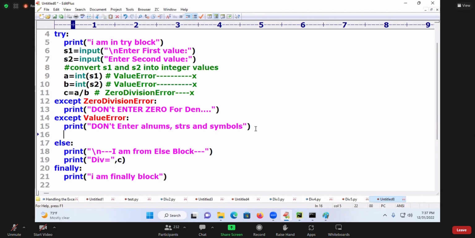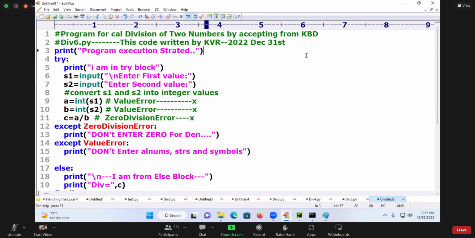ZeroDivisionError, and then what? Now I am thinking that in 2024 definitely every project will be under maintenance, because some new functionality will be added in the organizations, right or not? When new functionality is added, definitely that code will be modified. New functionality means they will go on adding to the existing code, right?